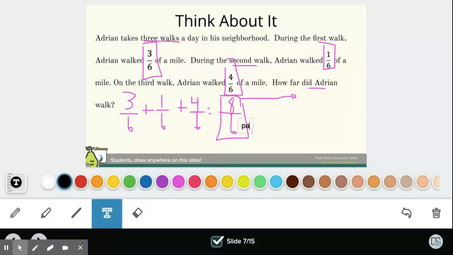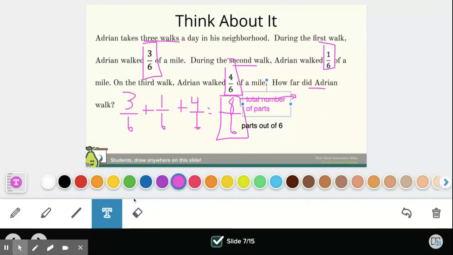This means that the parts are out of 6. Okay, and then for the 8, typing it right over here, the 8, this is the total number of parts. All right, so let me go ahead and draw this.